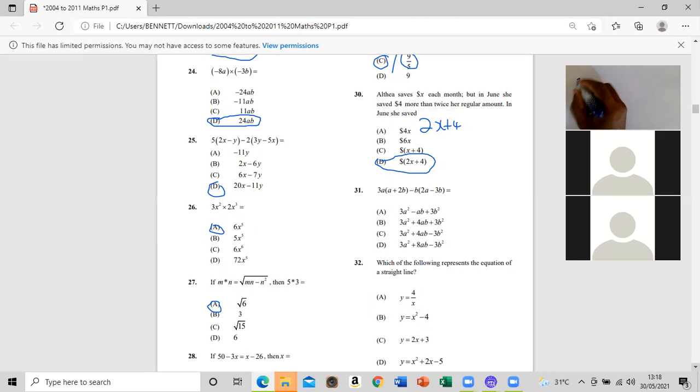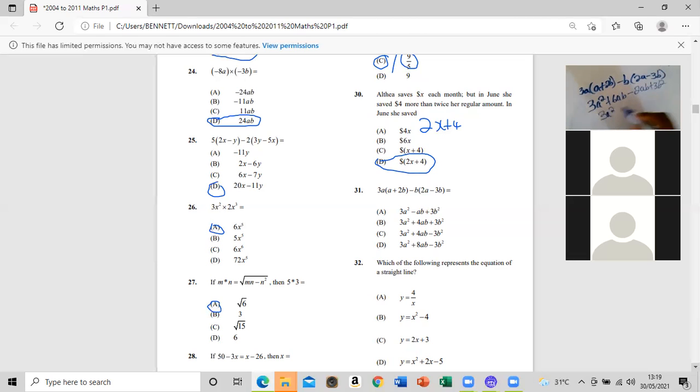This one is delicate. Once a negative is involved, it's very delicate. So it's 3a times a, that's 3a squared. 3a times 2b, that's 6ab, minus b times 2a is negative 2ab, and then this will give us plus 3b squared.